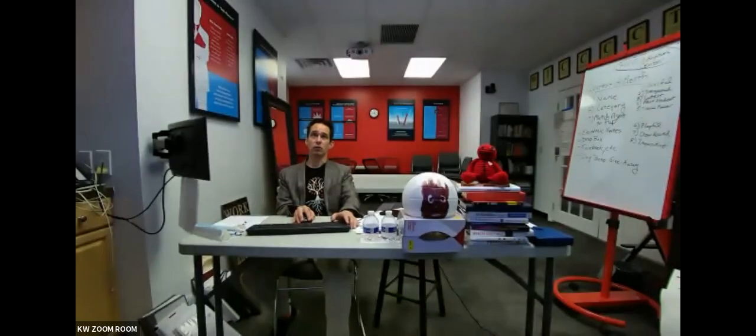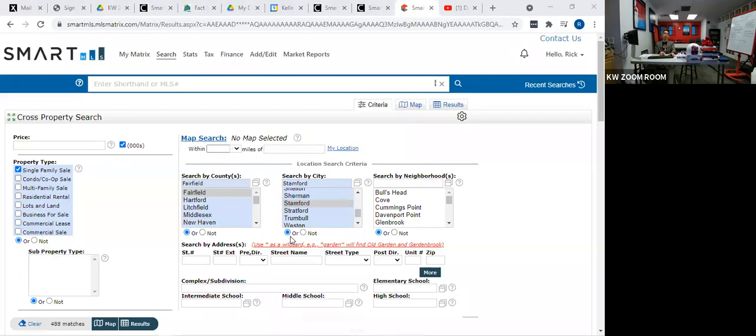Sure, great question. Let's go back. Now I've changed things to say Stamford, right? What you know about the MLS is that you do have over here this search by neighborhood option.